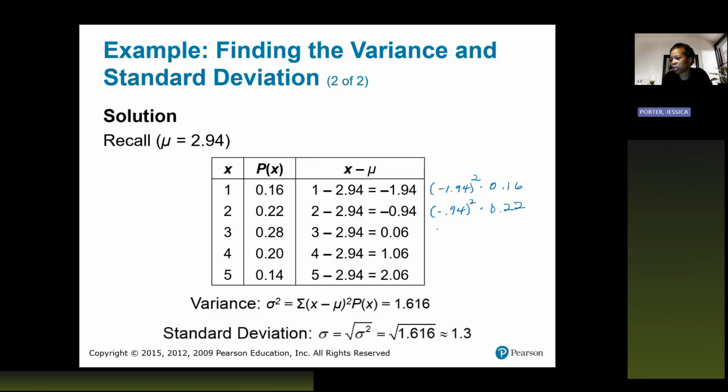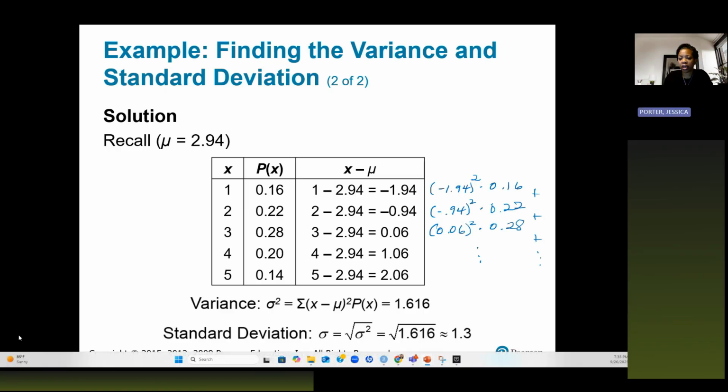And I won't do all of these, but you get the point. You're going to square times 0.28. And then you will add all of these together to get the variance. Once you get the variance, the standard deviation is just the square root symbol away. Okay.